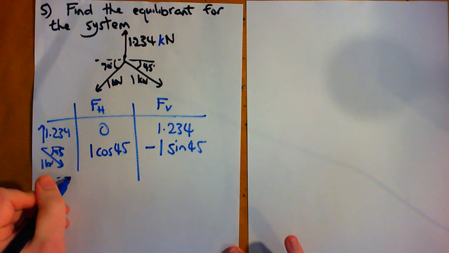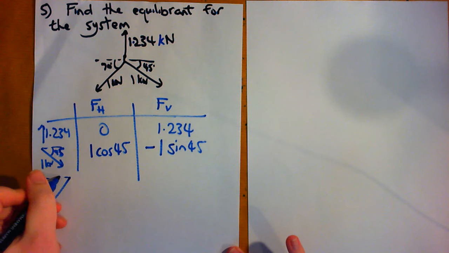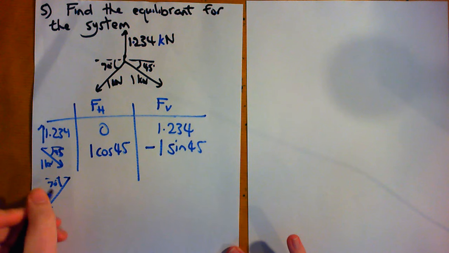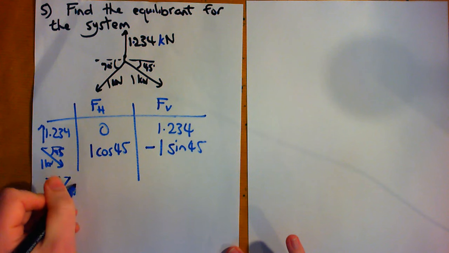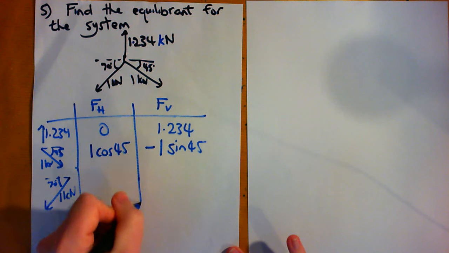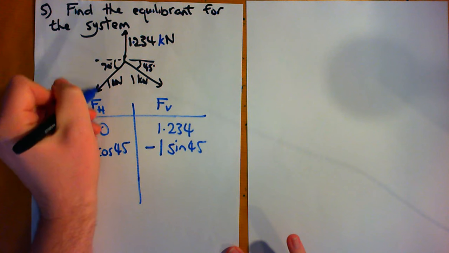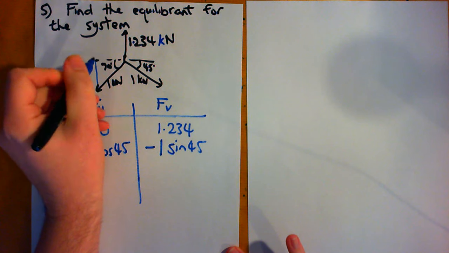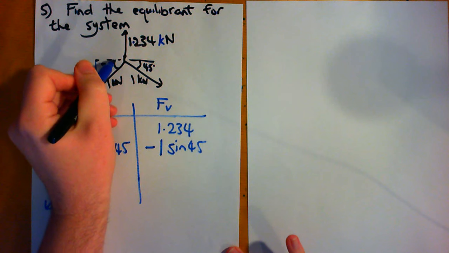And then below the horizontal on the left, at a 70 degree below the horizontal angle, we've got another 1 kilonewton force. So the horizontal component is going to be the adjacent side.